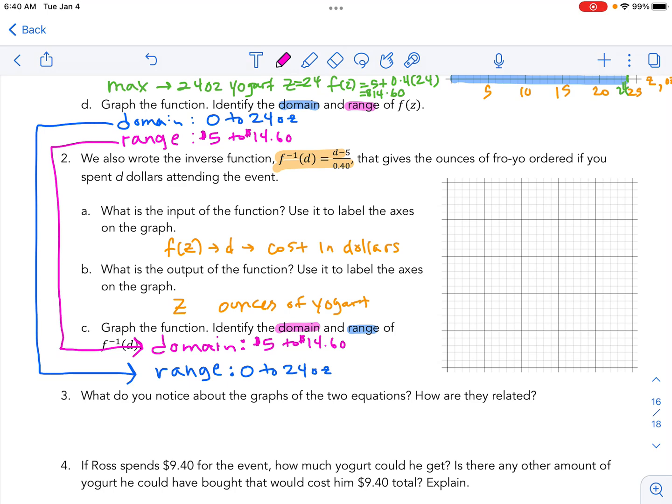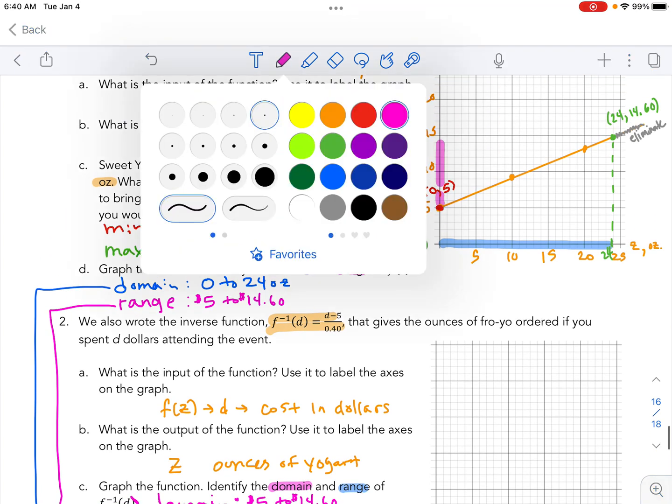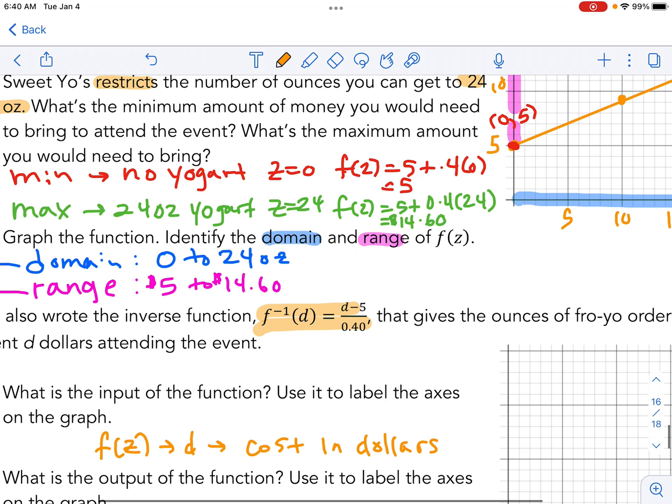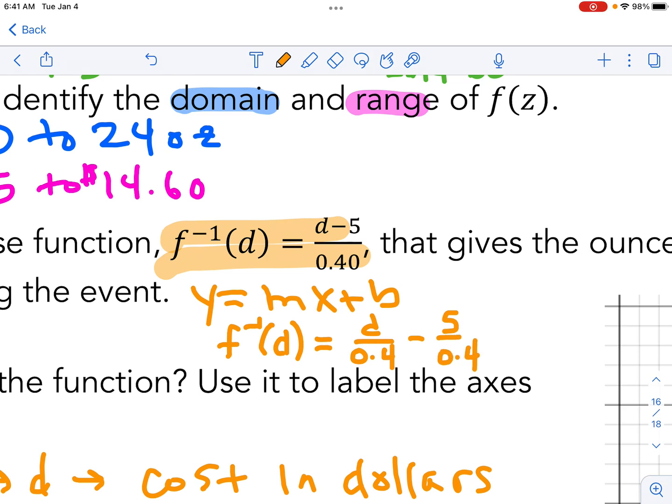And so how do we graph that? Well, the easiest way to graph that, because this is also linear, this is also y equals mx plus b. It's hard to see in that form, but we really have f inverse of d is d over 0.4 minus 5 over 0.4.